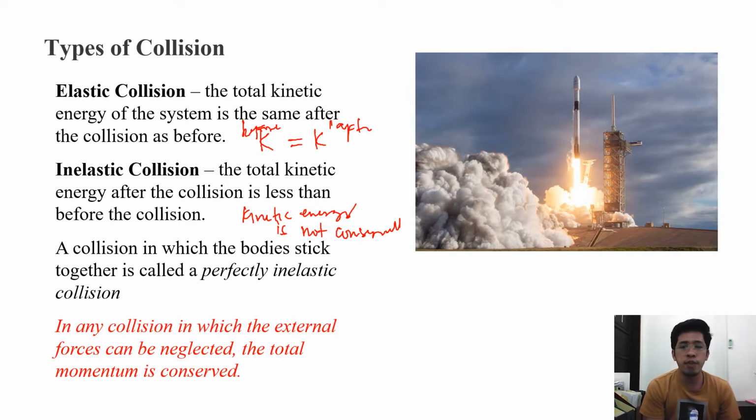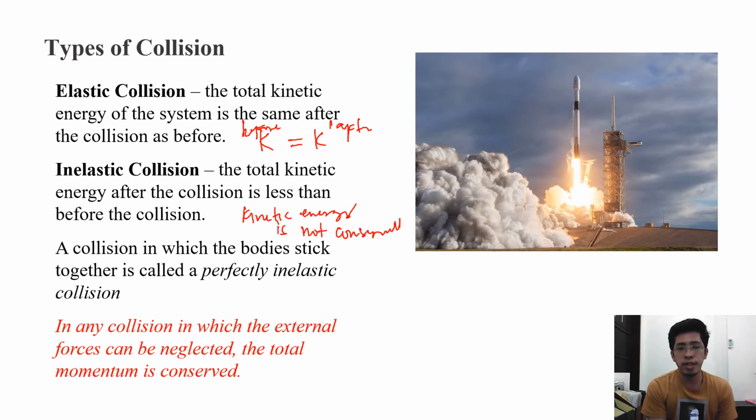So again, when we say perfectly inelastic collision, this is when after colliding, the bodies stick together. In any collision in which the external forces can be neglected, the total momentum is conserved. So for both elastic and inelastic collisions, the total momentum of your system is conserved.